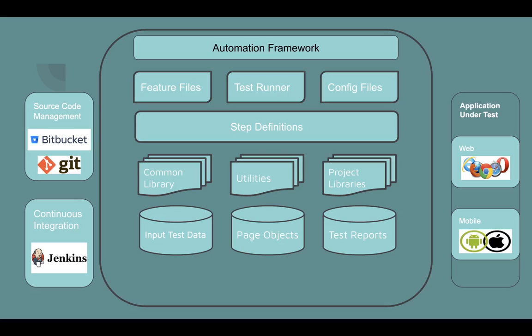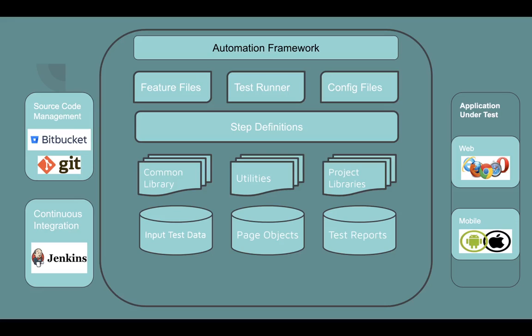So this is the complete picture that after setting up the automation framework with all the things required will look like. So we will be dividing the complete setup into four different parts. So first will be our source code management, where your source code will reside and how will you manage it.